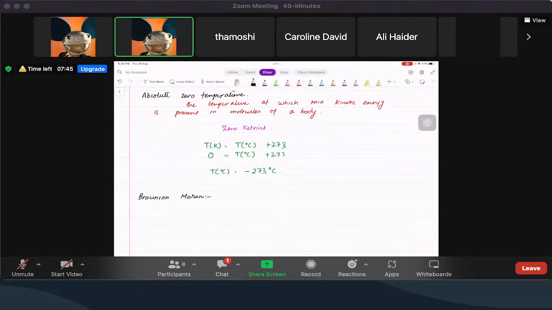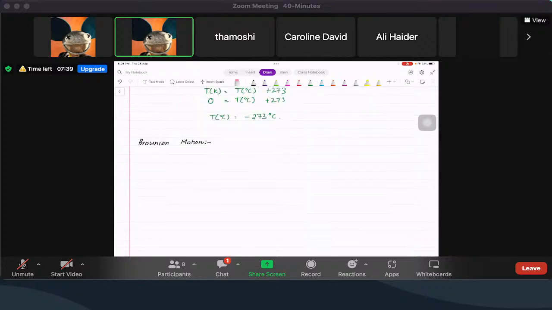The scientist Brown carried out an experiment where he observed the behavior of freely suspended gas or liquid particles. He put a microscope, he put light, and then he added smoke and air particles inside a container like this.